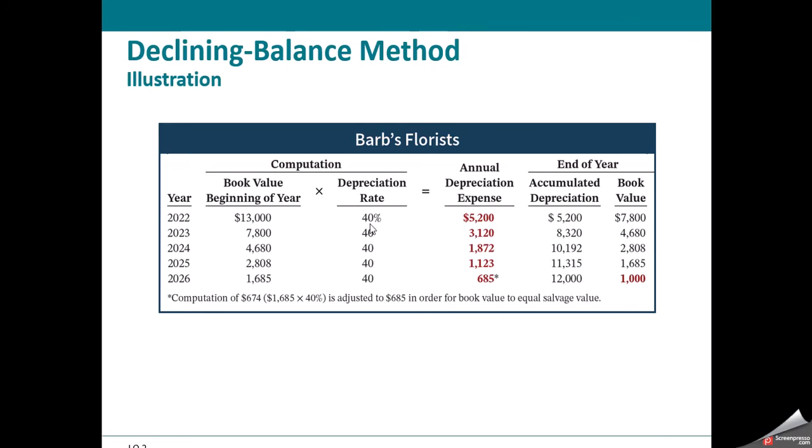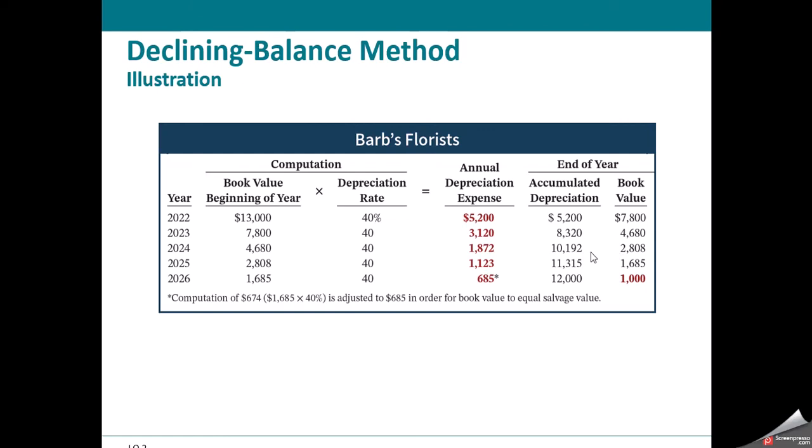You really have to do it to actually figure these values out. So then now you'll take the next year, the 4,680 times the 40%. This becomes your new depreciation expense. Add that to last year's accumulated depreciation to get this total. And then the 13,000 minus the accumulated depreciation gives you your book value.